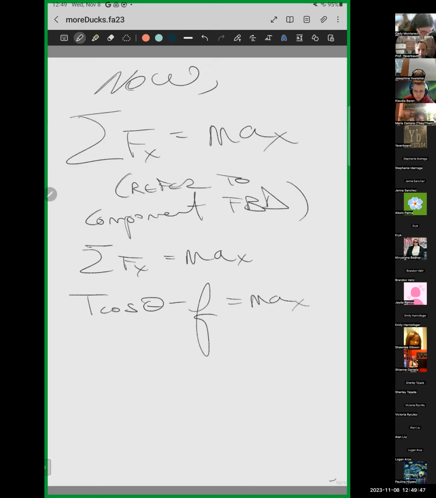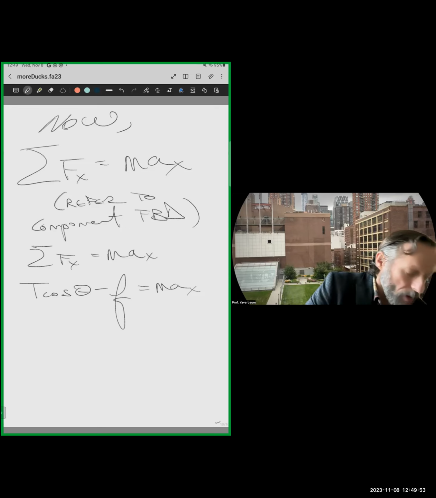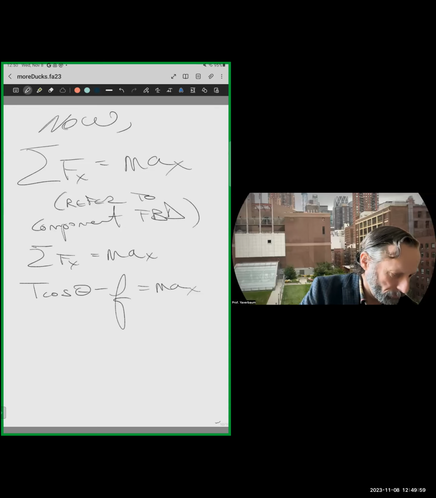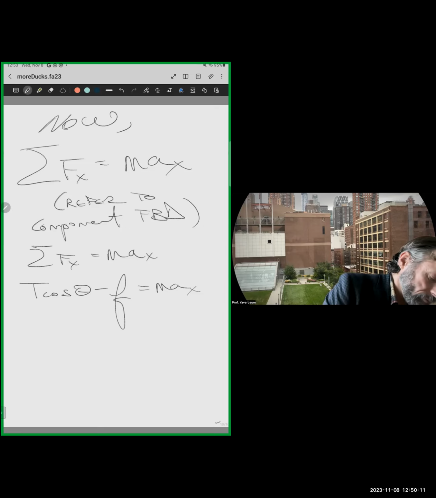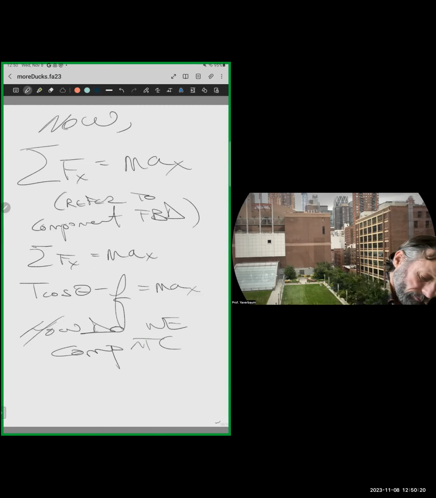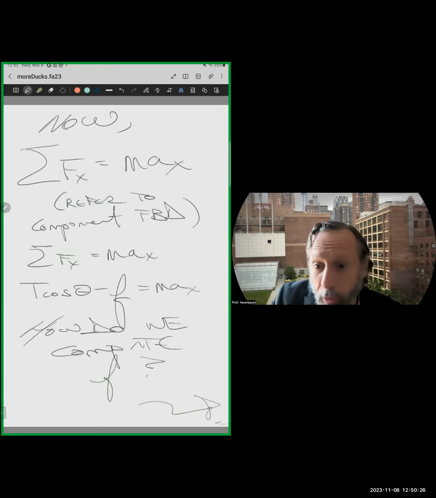Let me just get rid of this. Okay. So now what do I do? Well, friction. Okay, so now we have to compute the friction, or at least we have to express friction in terms of things we know.